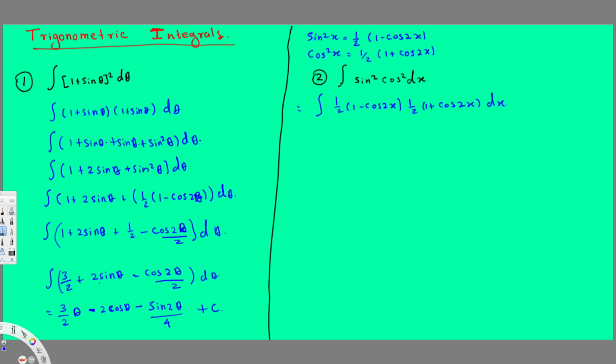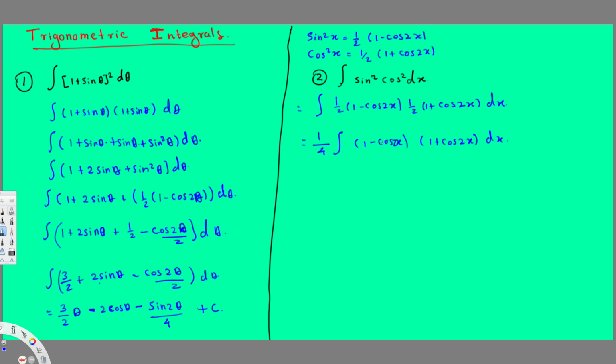Then I can bring the half and half to the front since it's a constant: 1 over 4 integral of 1 minus cos 2x times 1 plus cos 2x dx.